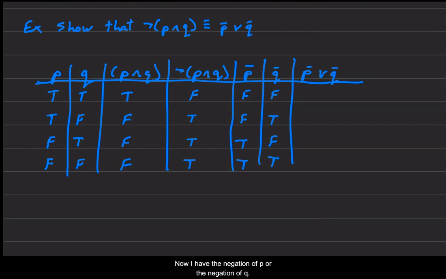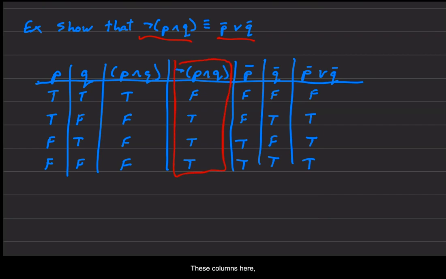Now I have the negation of P or the negation of Q. So I have false or false, and that is false. I have false or true, that is true. True or false is true. And true or true is true.